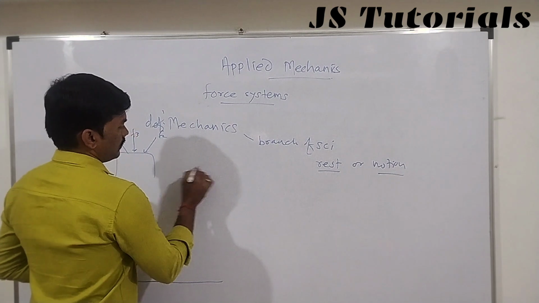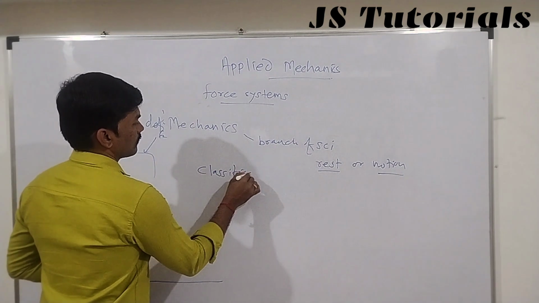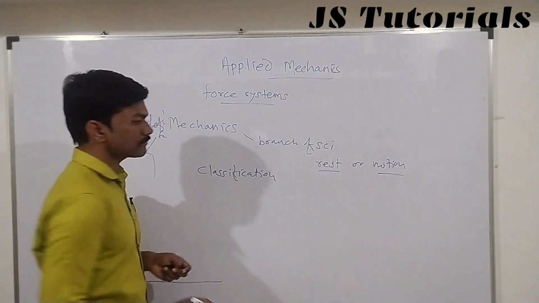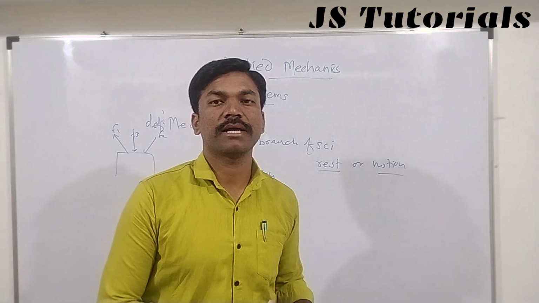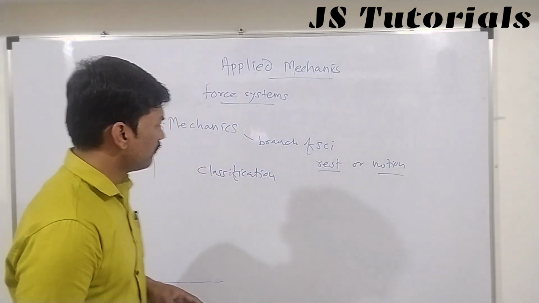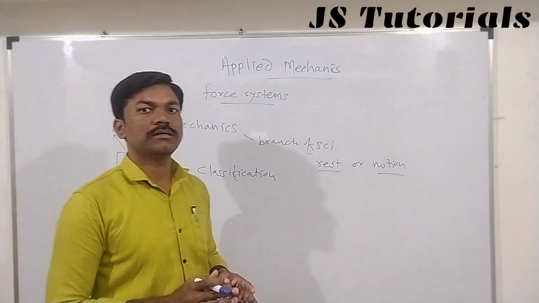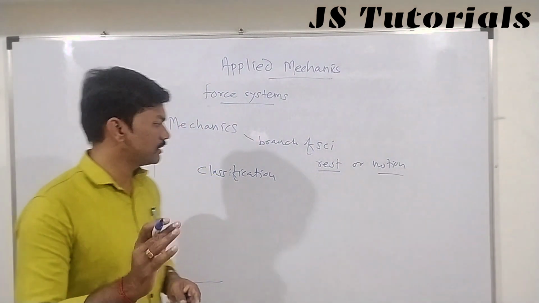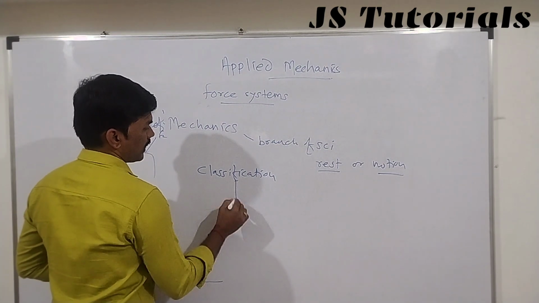Secondly, we'll see the concept of classification. In the exam, a question will be asked to give the classification of applied mechanics, or mechanics. Formerly, it was known as engineering mechanics, but in today's scheme, it is known as applied mechanics. Students must note the classification of mechanics.